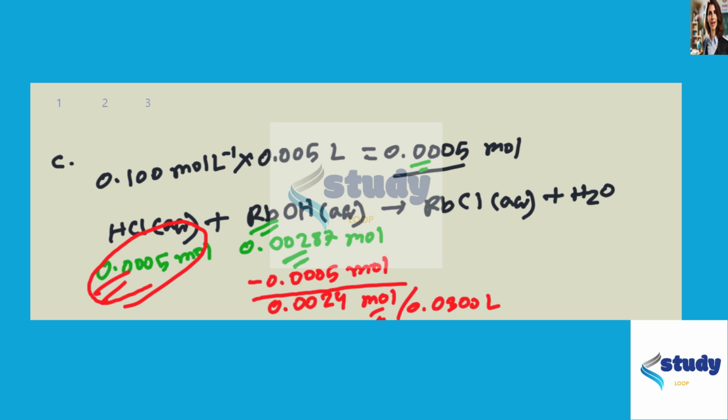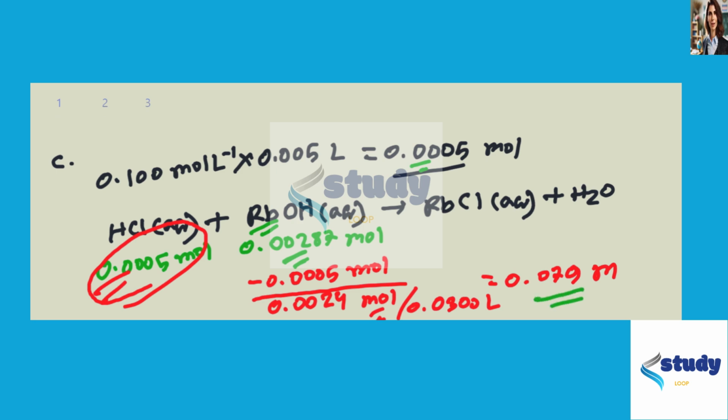So this division will give us the concentration of the base at that point, which is 0.079 molar. So this is the concentration of the RbOH after the addition of 5 ml HCl.